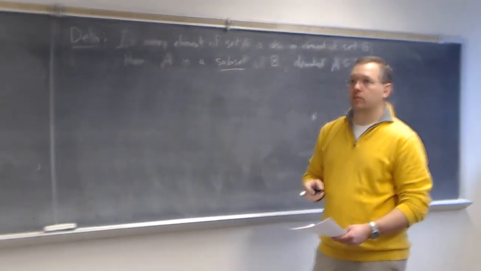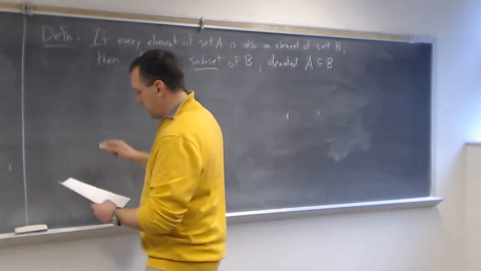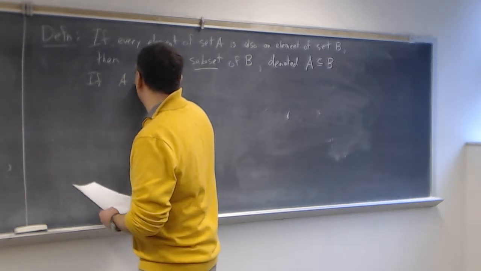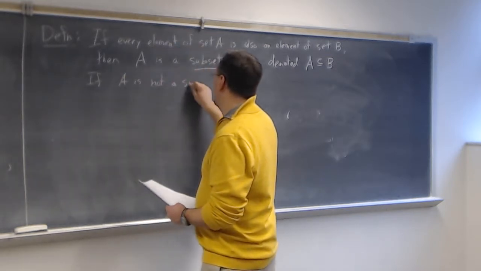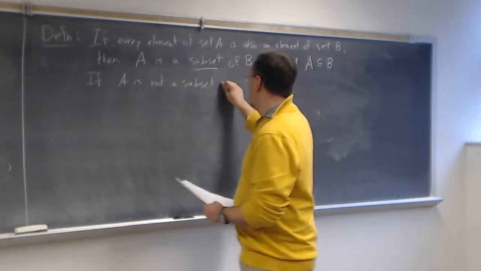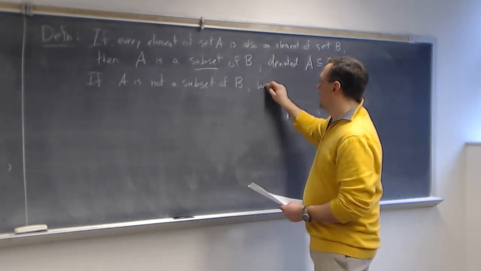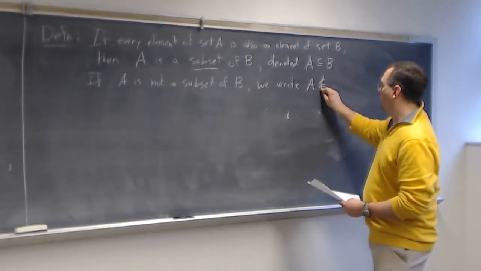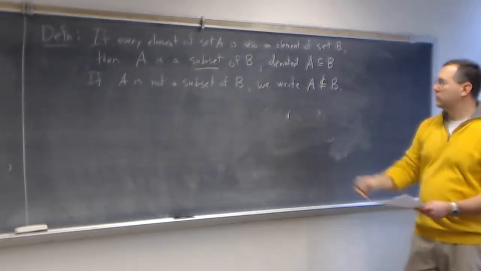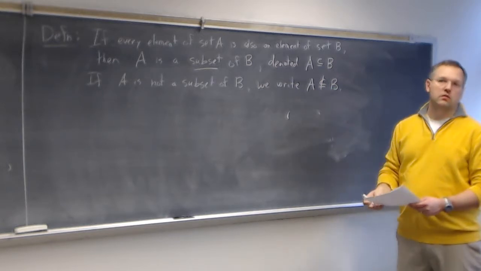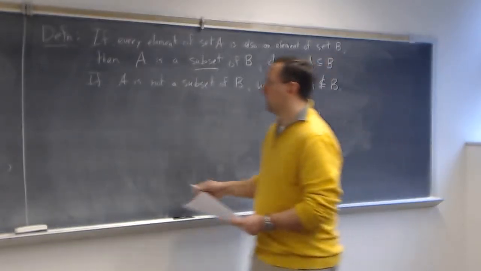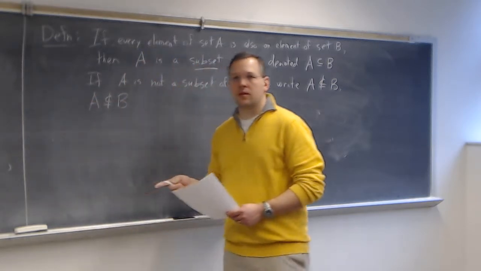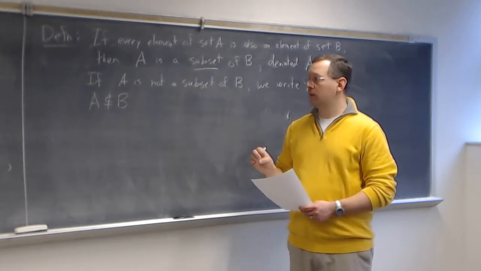All right, let's go back here. So if A is not a subset of B, we write a slash through the subset symbol. So this, you would read, A is not a subset of B. A is not a subset of B means something very specific.